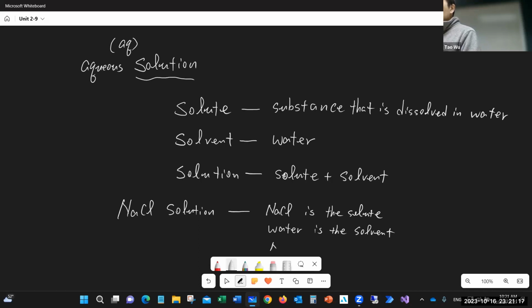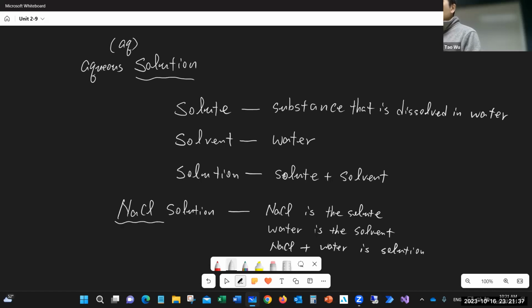And sodium chloride plus water is the solution. Those two added together is the solution.